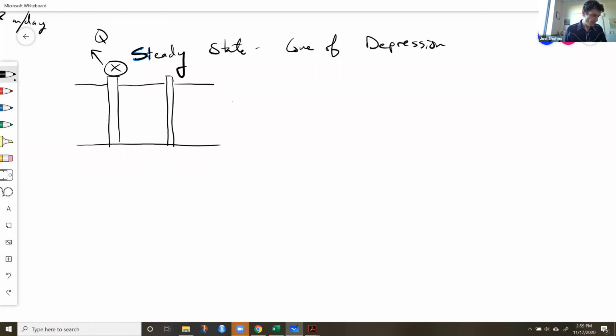Sometimes you're given Q, or sometimes you want to calculate Q. Because it's steady state, it's been pumping for a long time, and it's drawn the water down to a certain level that you can measure in the well as well as at an adjacent well.